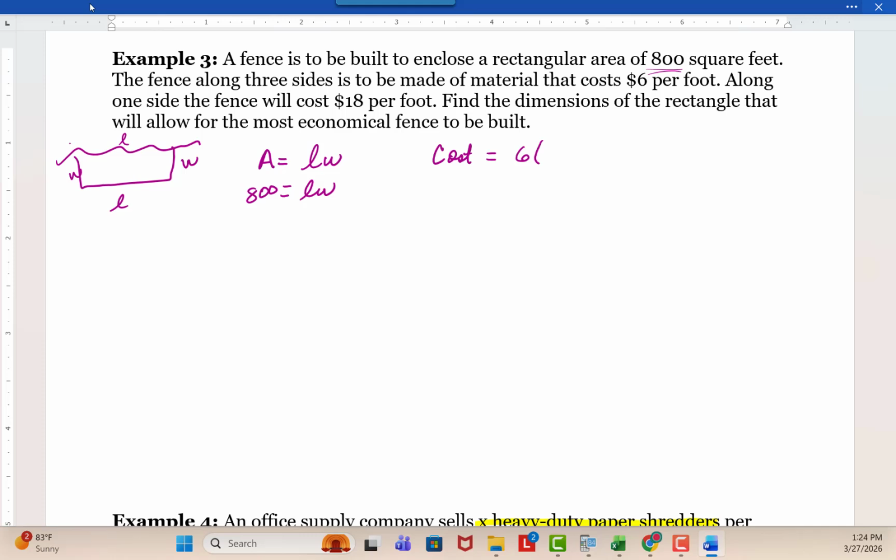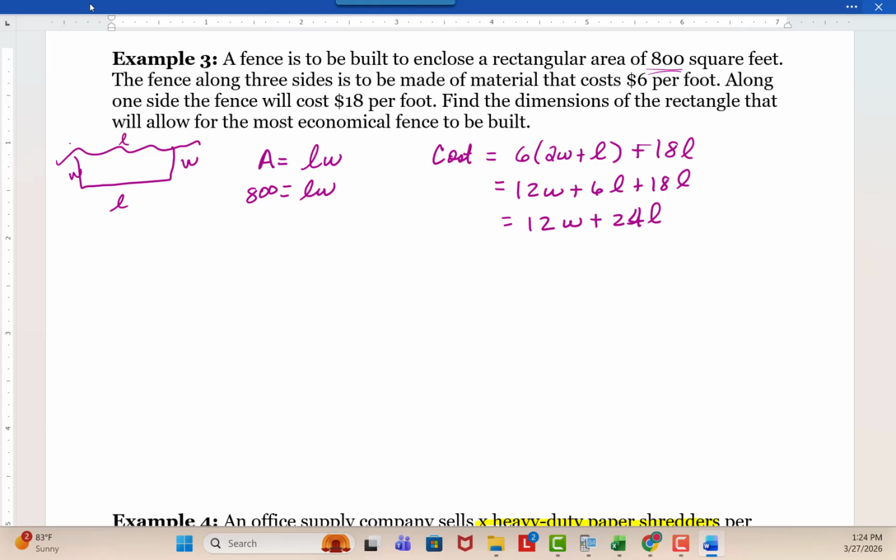So we're going to take 6 and multiply it by 2W plus L. And then for the $18 per foot fence, we're going to have plus 18L. So we got 12W plus 6L plus 18L, or 12W plus 24L. This is our cost function.